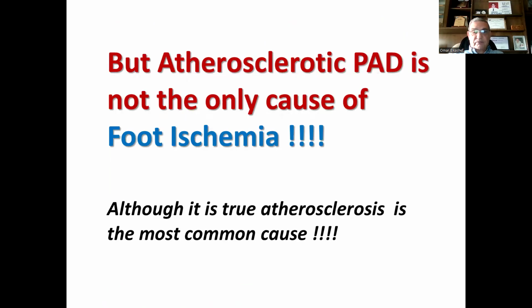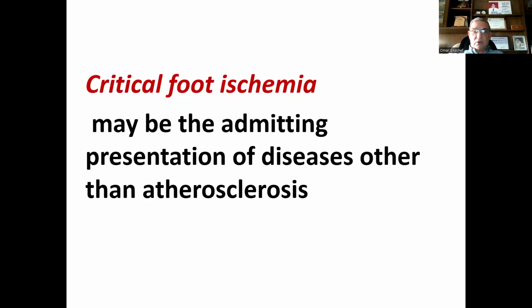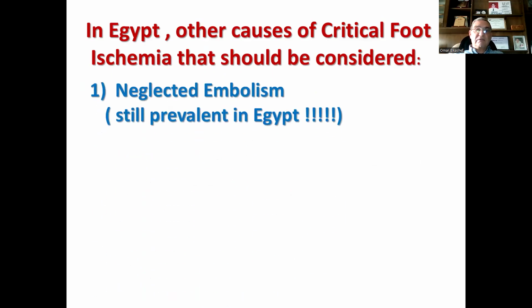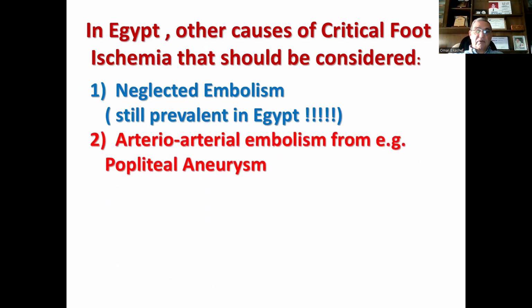But atherosclerotic peripheral arterial disease is not the only cause of foot ischemia, although it is true that atherosclerosis is the most common cause. Critical foot ischemia may be the admitting presentation of diseases other than atherosclerosis. In Egypt and parts of the Arab world around us, other causes of critical foot ischemia that should be considered are neglected embolism, still prevalent in Egypt.